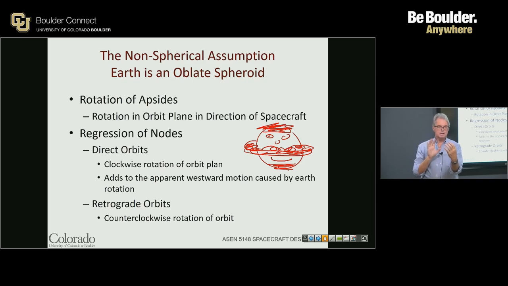So I have to be aware that if I put an orbital plane around a non-symmetric body, that orbital plane is going to rotate in the plane of the orbit as a result of its inclination around this bulge. Okay? Pretty easy to understand. So that effect is happening. Okay, we call that rotation of apsides. Just that line between periapsis and apoapsis is walking around the Earth in the plane of the orbit.